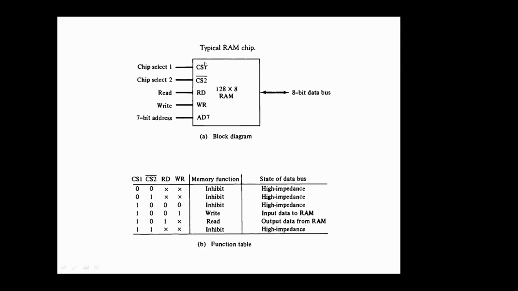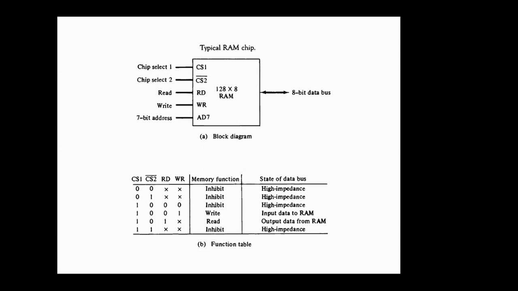This box represents a RAM chip, random access memory chip, with a size of 128 into 8. In simple terms, you can remember that this box has 128 rows and 8 columns.